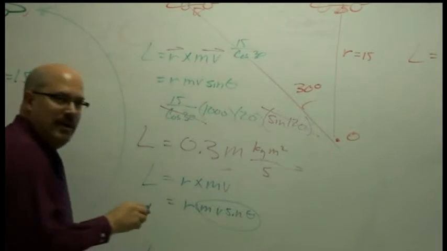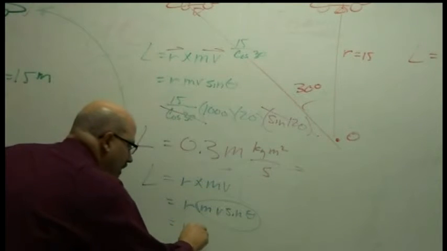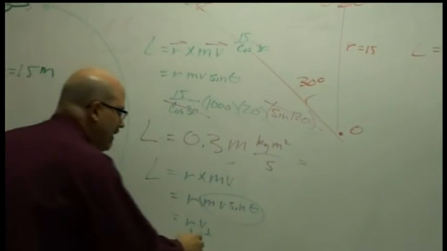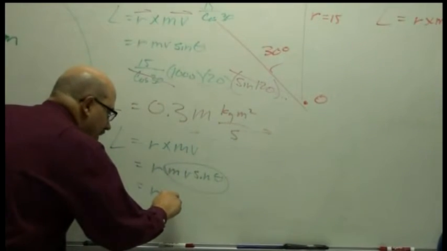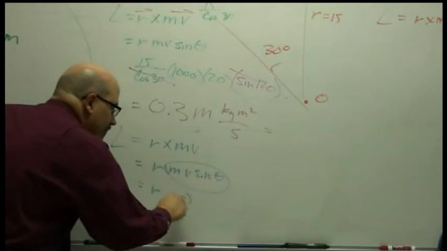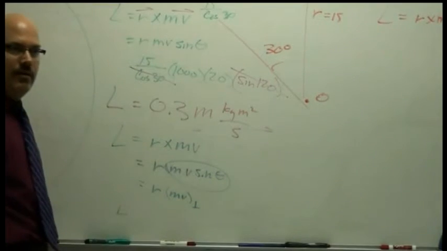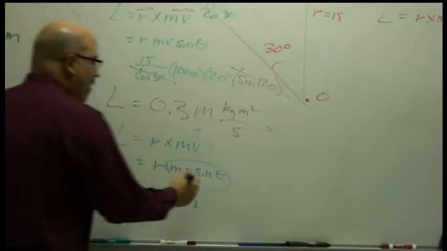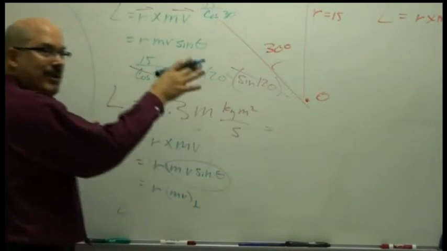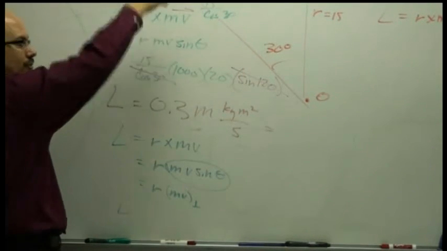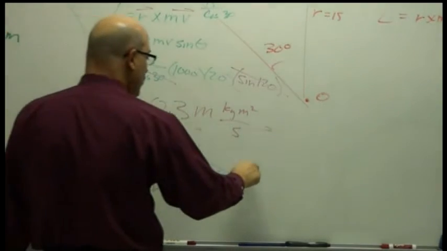That's the perpendicular component. So that's really R times the perpendicular momentum. The radius got bigger, but the perpendicular momentum gets smaller at this angle, so it ends up canceling out.